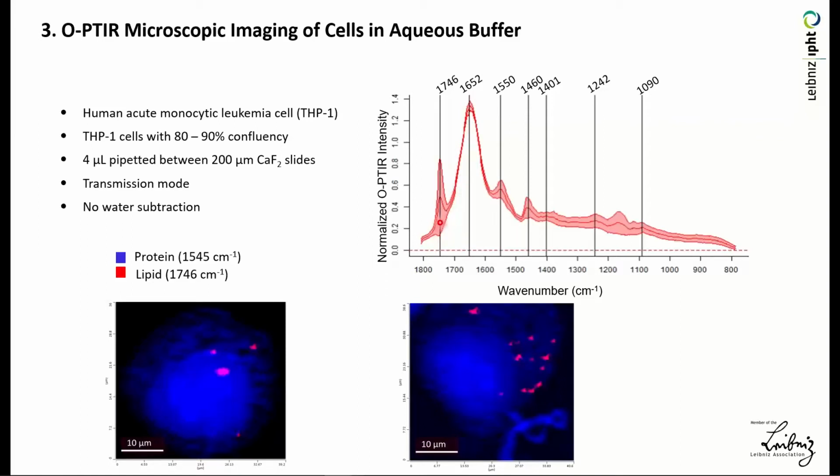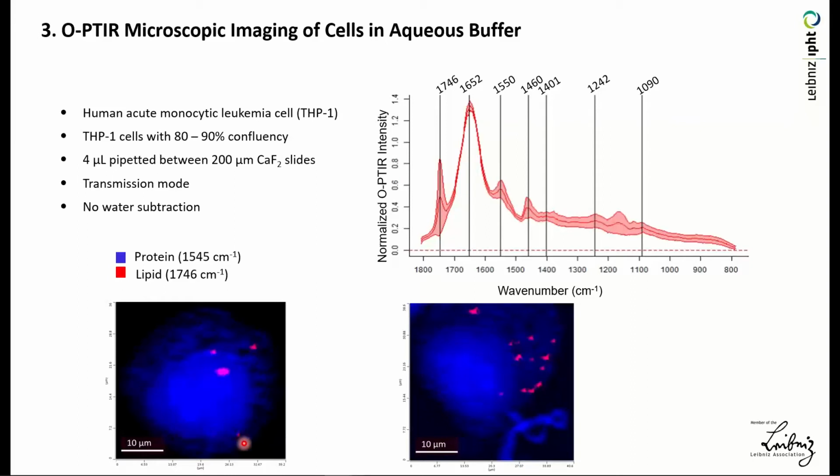This is a mean spectrum and standard deviation. Some spectra have a high content of this ester band due to lipids. A representative protein band is the amide 2 band. And then further bands can also be assigned.